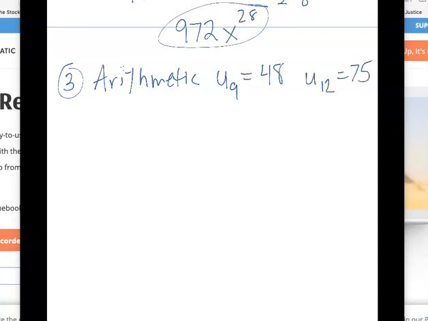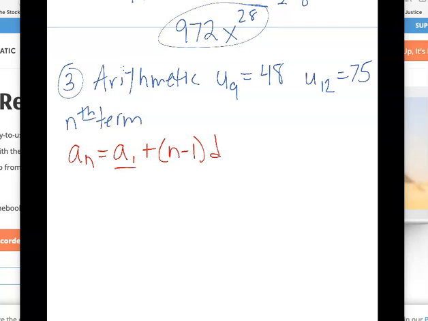And you have to write out the formula for the nth term. So we have to fill in those blanks here. What we're filling in is a sub n equals a sub 1 plus n minus 1 times d. So we've got to figure out our first term and our difference.